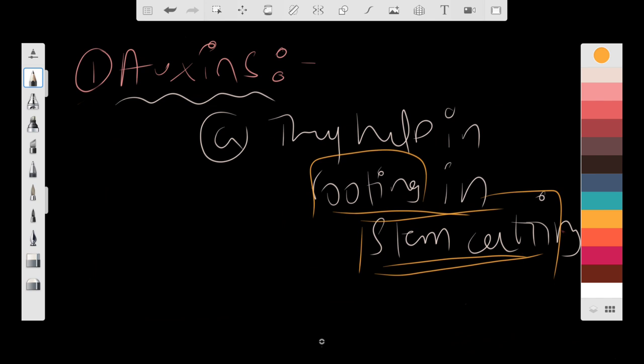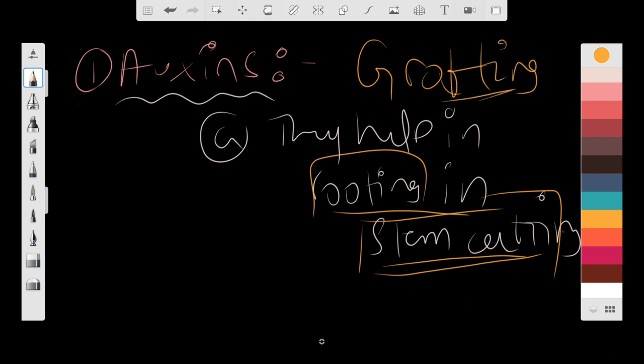In a lesson in your 10th class, you have learnt about the methods for artificial vegetative propagation, and one of the methods was grafting. What is grafting?